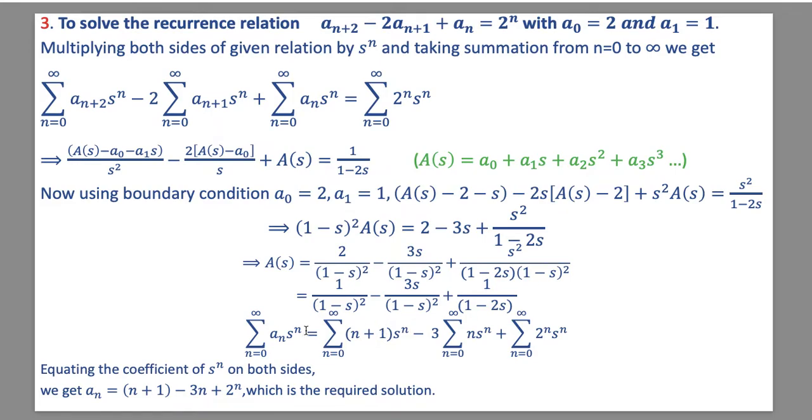So the series for this will be As equal to sigma n equal to 0 to infinity an s raised to n. Here it is 1 minus 1 upon s whole square, so the series for this will be n plus 1 s raised to n. Here it is s upon 1 minus s whole square. This is 3, so series for this will be n s^n, and this is 1 upon 1 minus 2s, so series for this will be 2 raised to n s^n.